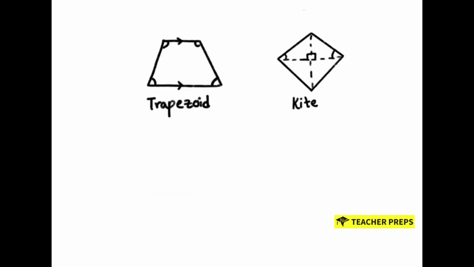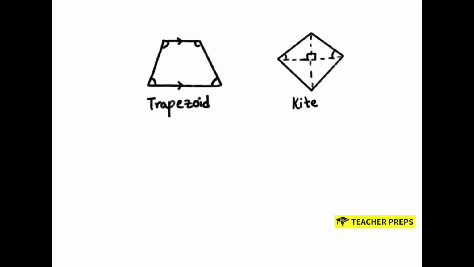Let's talk about two more types of regular quadrilaterals. The first is a trapezoid. And then on the left, we have a kite. What do you notice about these two shapes that makes them different than the other ones? Neither of these shapes have right angles. Plus, the other one's opposite sides were parallel and opposite angles were equal.